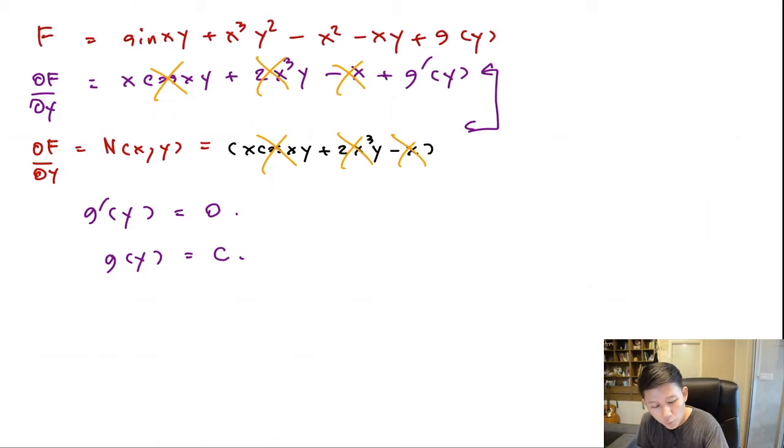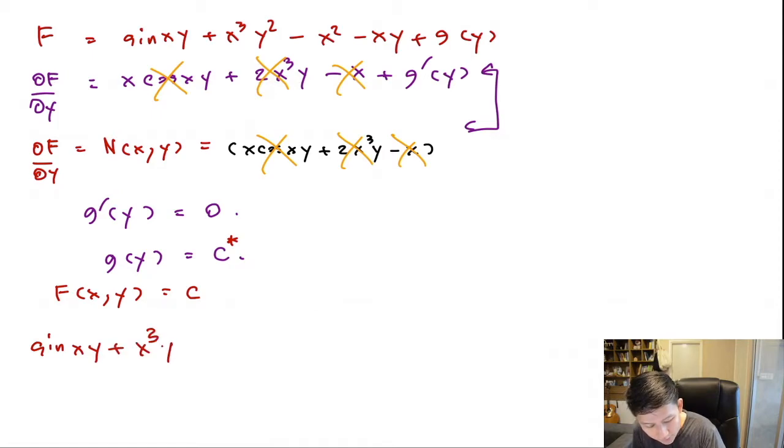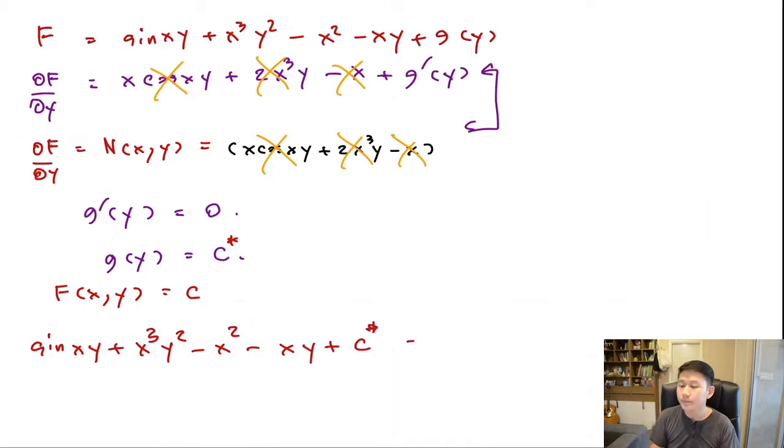So we have the solution, which is f x y equals constant. Okay, I'll just call it c star, constant c star. And we have the solution f x y equals constant, right? Which is sine xy plus x cubed y squared minus x squared minus xy plus c star equals c.